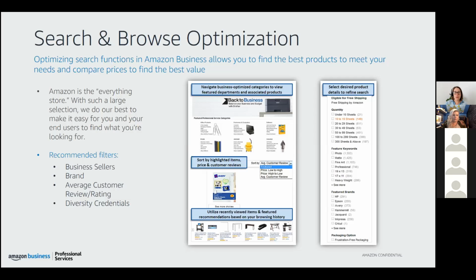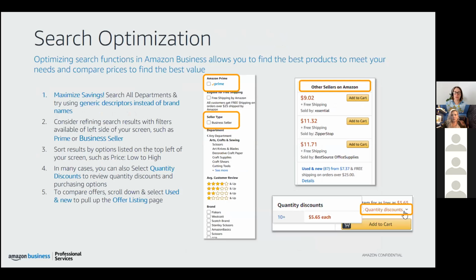So whenever you go into searching for a specific item, first, I recommend you search all departments and try using generic descriptors instead of brand names. This will help you to maximize savings and find maybe alternate products that you wouldn't have found otherwise. After you do that search, I recommend refining your results with filters. So again, such as using Prime, which will provide free 2-day shipping on eligible items, or Business Seller.